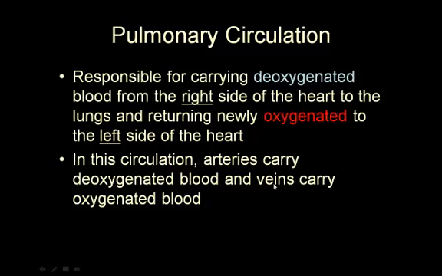Veins are still carrying blood towards the heart. But in pulmonary circulation, arteries are carrying deoxygenated blood and veins are carrying oxygenated blood. Whereas in systemic circulation, that's very different. In systemic circulation, arteries are carrying oxygenated blood out to the body, and the veins are carrying the deoxygenated blood back to the heart. So be sure to keep that straight.